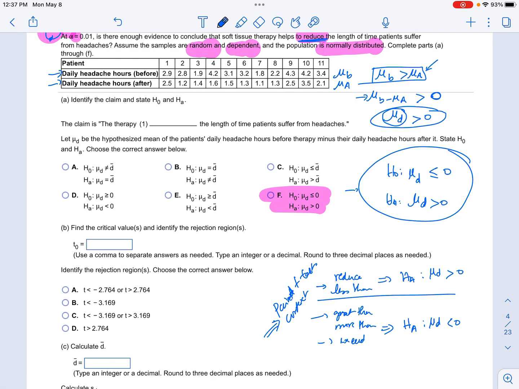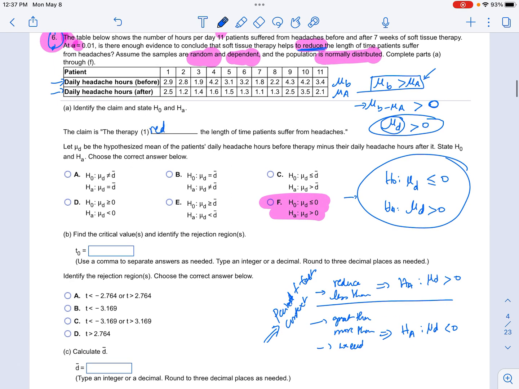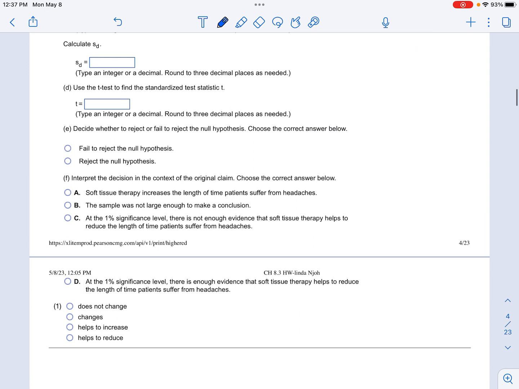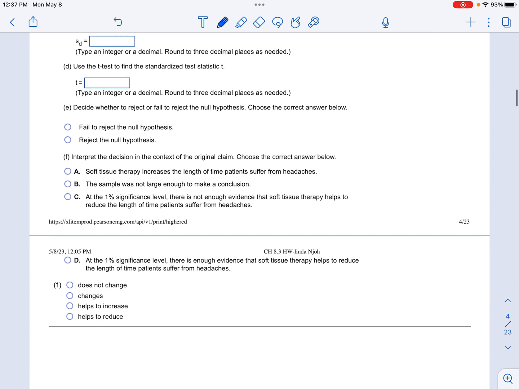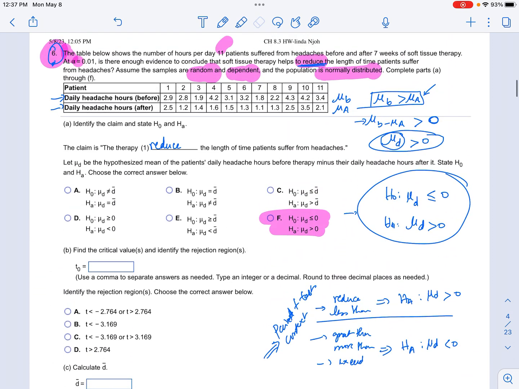So what we're saying is that the therapy reduces the length of time patients suffer. Reduce, what choice do you have here? Helps to reduce the length of time patients suffer headache. And I showed you exactly how we came about setting up the alternative hypothesis. Whenever you're reading a problem about a pair t-test, look at the keyword.